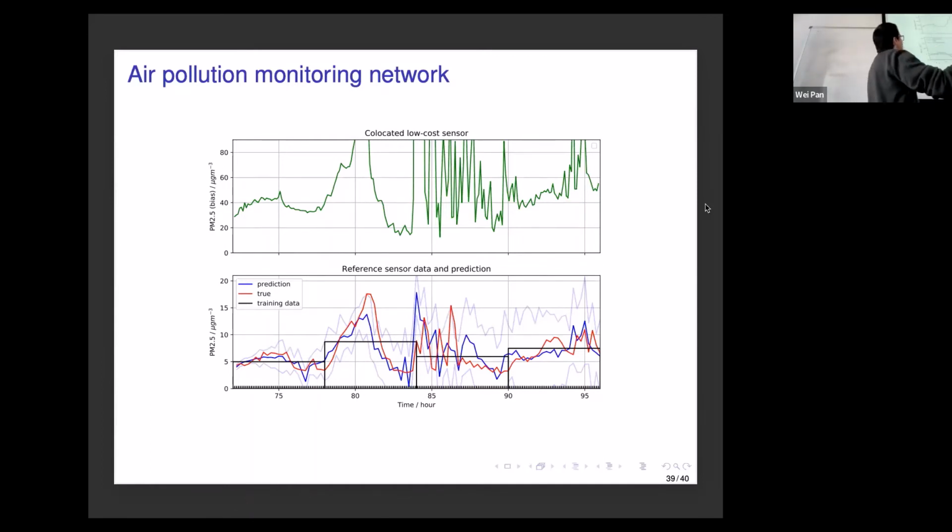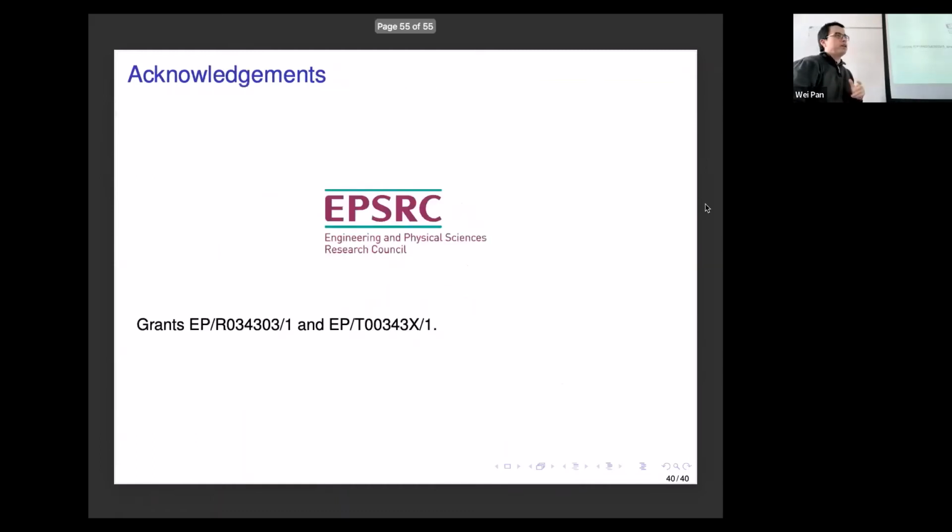And then in the bottom, we are measuring this variable every 7 to 10 minutes. That is the black line that you see here. And then we use both data sets to infer what the actual high quality data had been. So the true high quality data is this red one that you see here. And the prediction of our model is the blue one here, with some credible intervals. Okay, I think I'm going to stop here. Thanks.